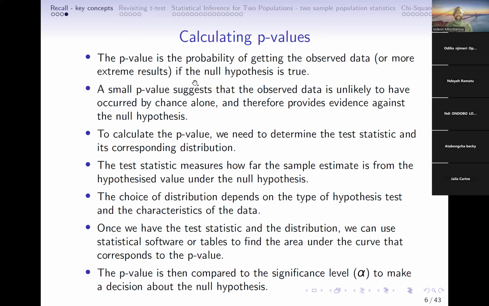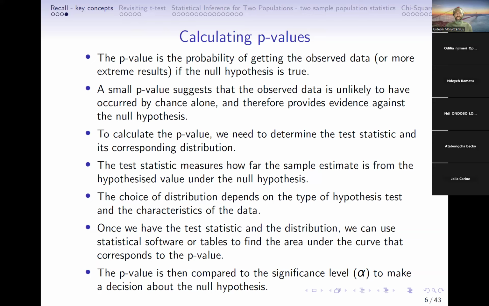So we can say, in other words, that this is the probability of getting the observed data if the null hypothesis is true. So what are the chances that what you have looked at, which is the sample, has a certain characteristic similar to the population? Basically, if the null hypothesis is true. The null hypothesis is the statement you make about the sample in relation to the population.